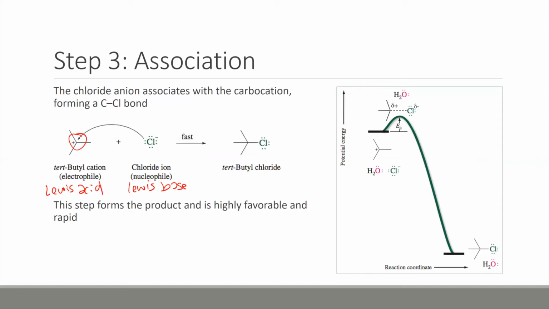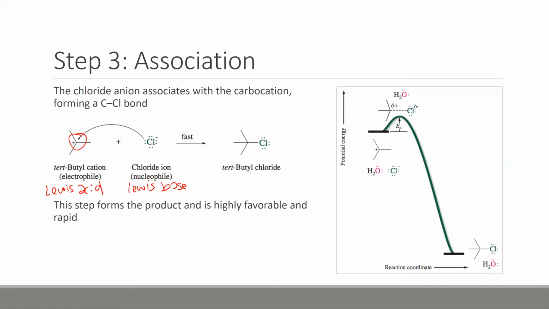This step is very fast because, as you might imagine, as soon as you form that carbocation, it has a nice positive charge on it. Positive and negative attract very quickly, and that chloride ion will quickly move to form a bond onto that carbon atom.